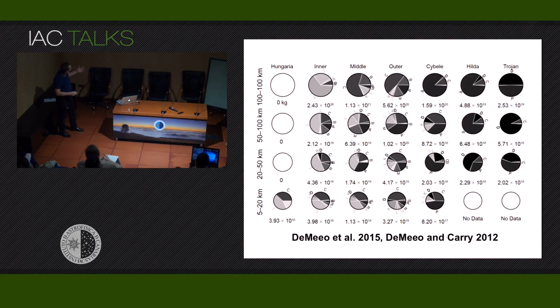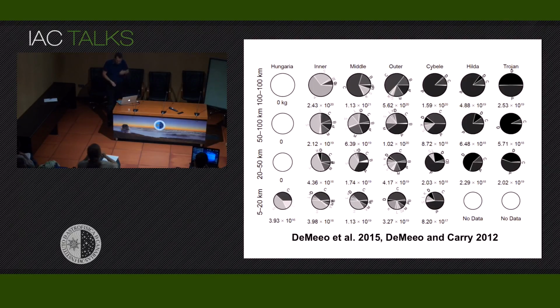Then there are places where there is no data. Okay. But in the overall picture the C-types are actually more pronounced towards the outer main belt, and the S-types are more pronounced in the inner main belt. And then it is also a size-dependent thing, so depending on which size range you are looking, the behavior is different, basically. So that's kind of the section through the asteroid belt as it is right now.